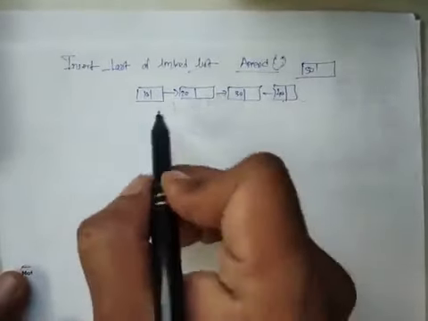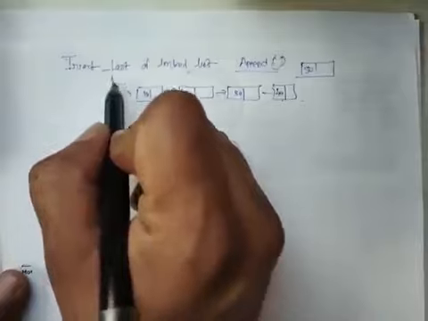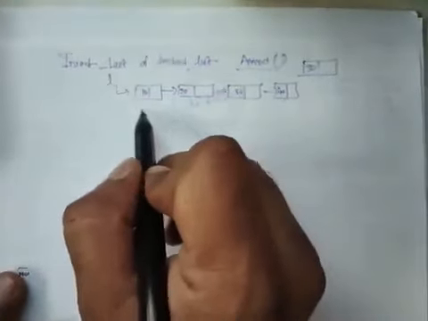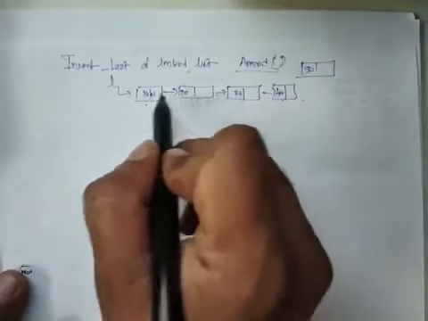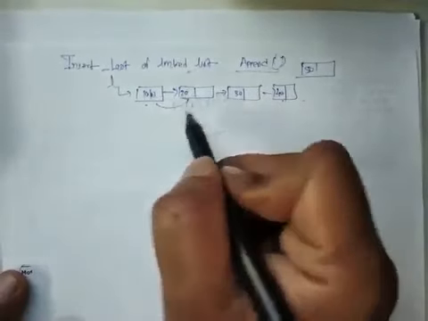We are going to traverse from the first node, from L, to the last node. First we check whether this link field is holding the null value. No, it is holding the address of the next node, so jump to the next node.